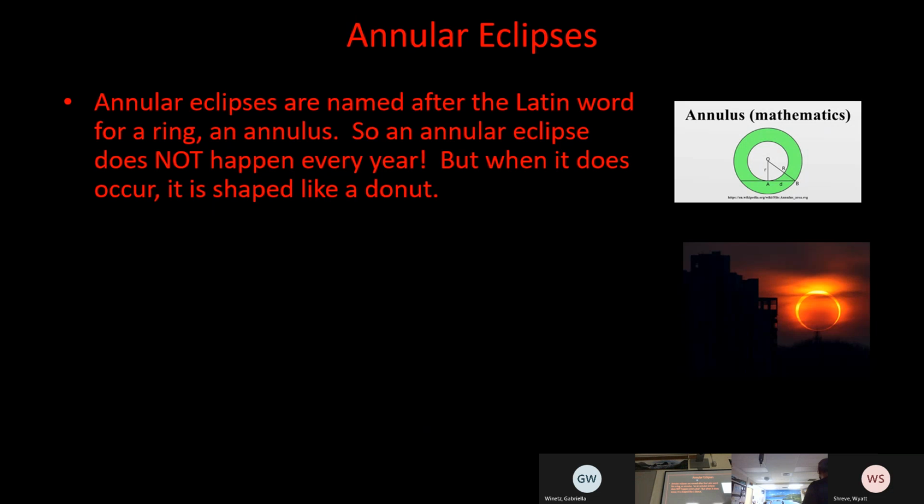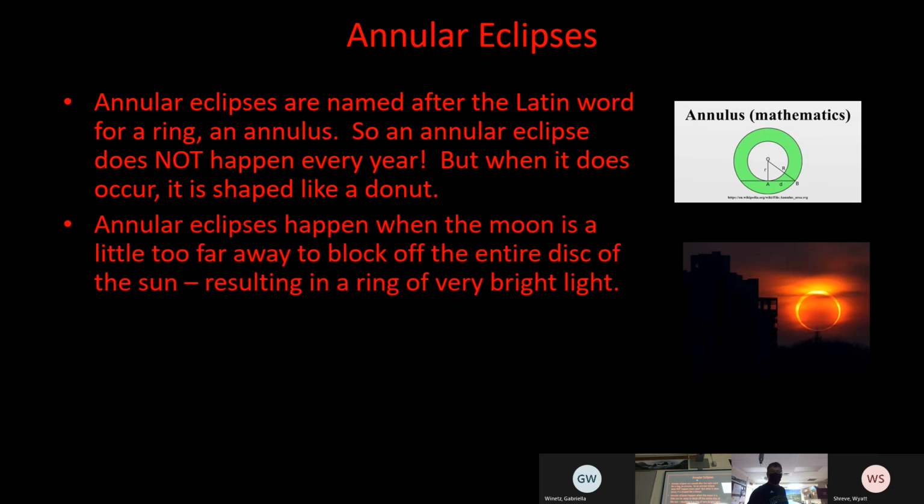So you never see the corona, you never see prominences or coronal streamers. You have to wear eye protection the entire time. And this happens because the moon is just a little further away than normal. So it doesn't block off the entire sun.